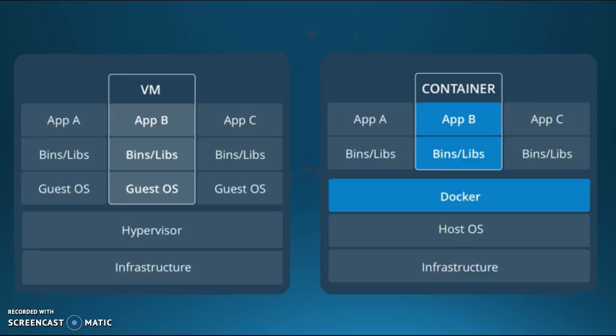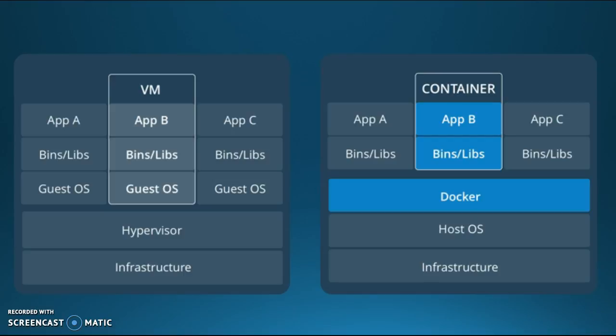So, looking at just a quick comparison between virtual machines and Docker containers. On the left we have a view of what a virtual machine looks like on a server, and on the right we have what a container looks like on a server.